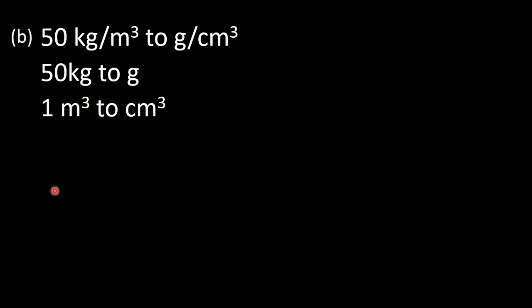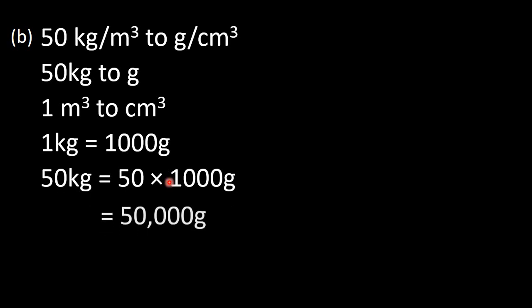We know that 1 kilogram is equivalent to 1,000 grams. And so 50 kilograms is going to be 50 times 1,000, which gives us 50,000 grams.